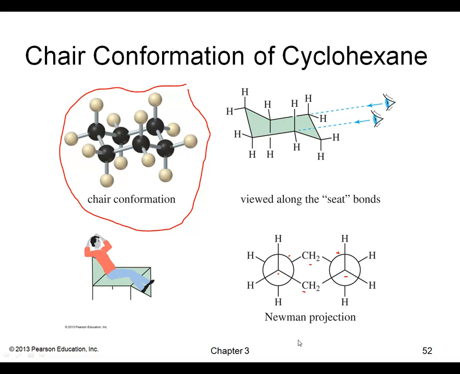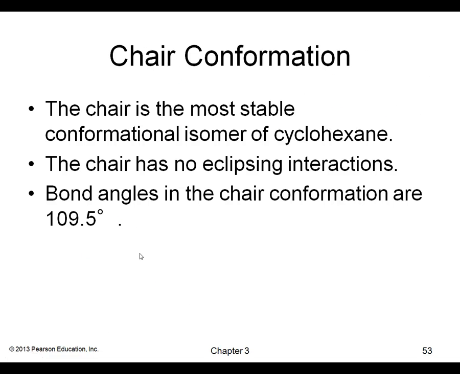So this thing has no ring strain, has no angle strain, and it has no torsional or eclipsing strain. Cyclohexane, very special, is strain free in its chair conformation. Okay, so here are facts that we just highlighted.